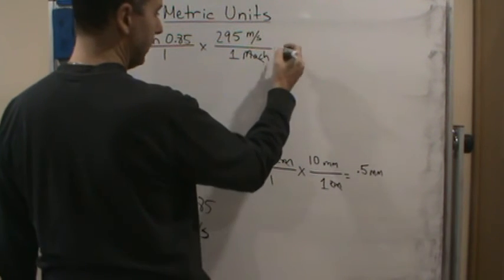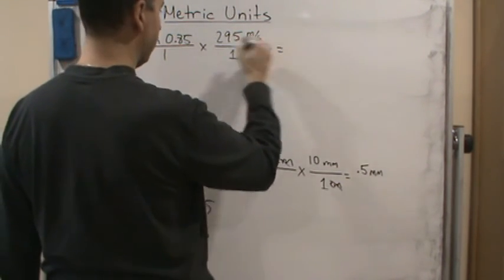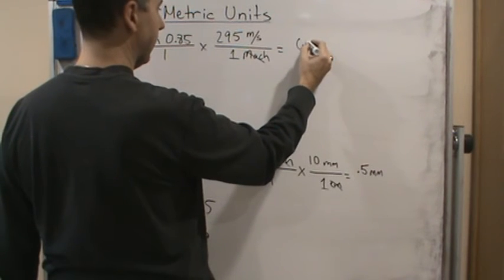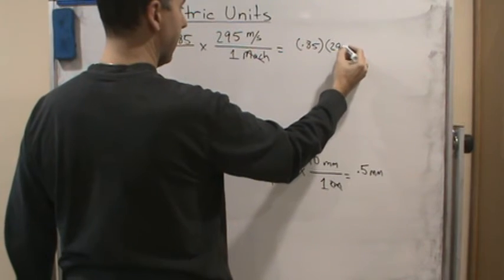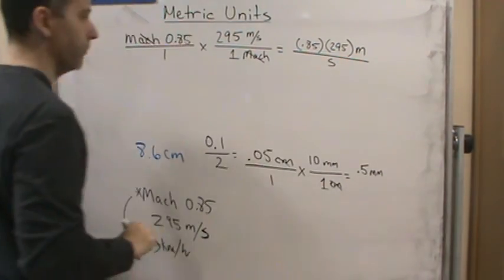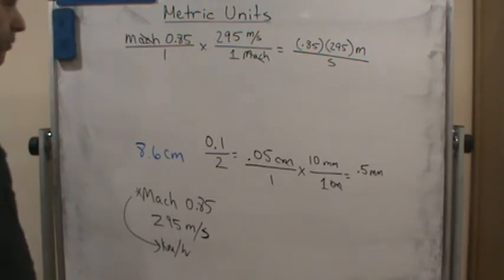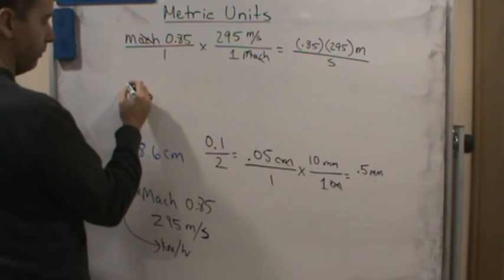So now, if it makes you feel better, we could do this, right? Let's rewrite this and multiply across. And now what do we have? We got 0.85 times 295, and it's meters per second now. Again, if that makes you feel better, just write it like this. And we could start the next part of it.